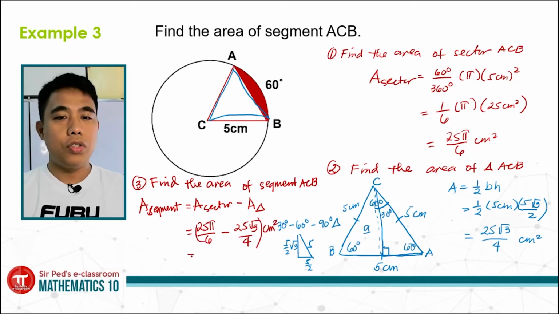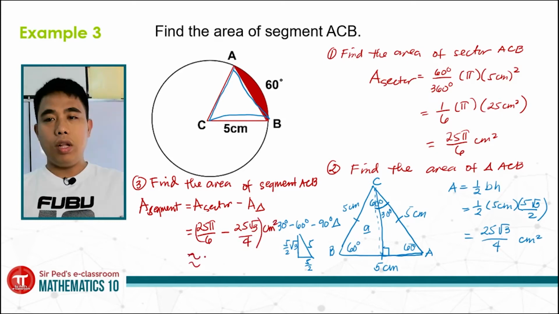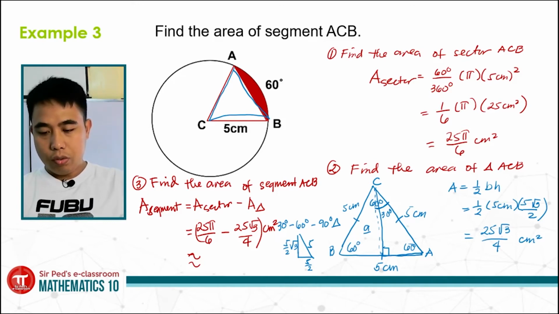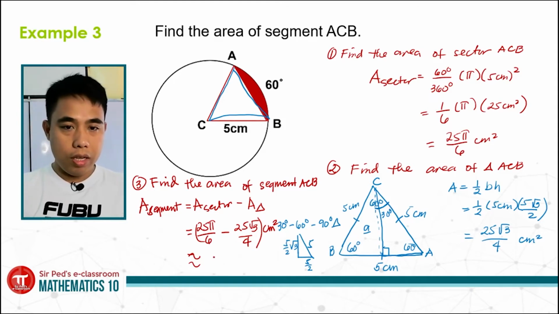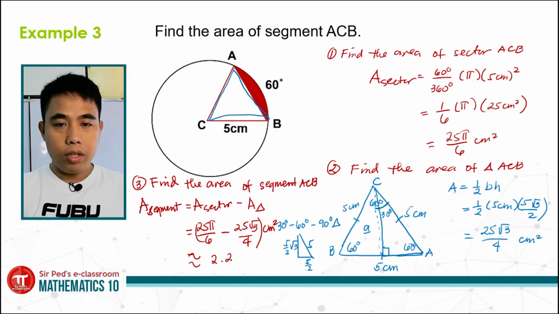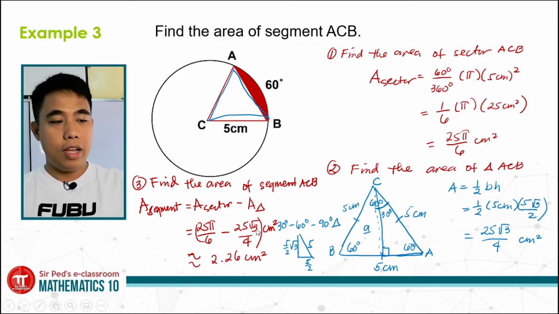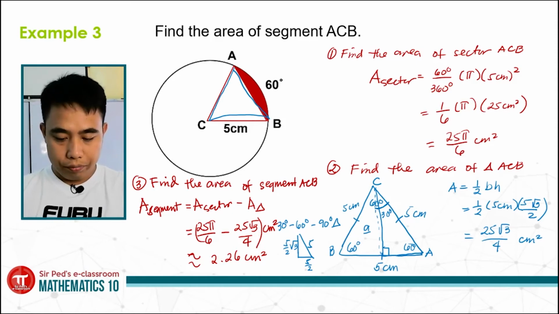So that will be the answer, or that is approximately equal to 25 pi over 6 minus 25 square root of 3 over 4. And that is approximately equal to 2.26 square centimeters. Okay, that is how we find the area of the segment.